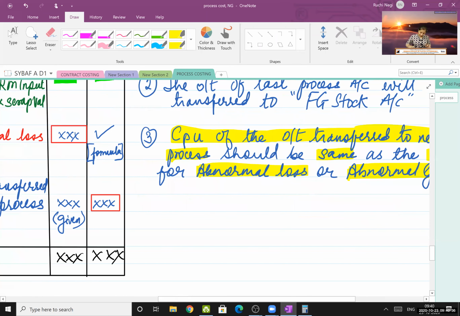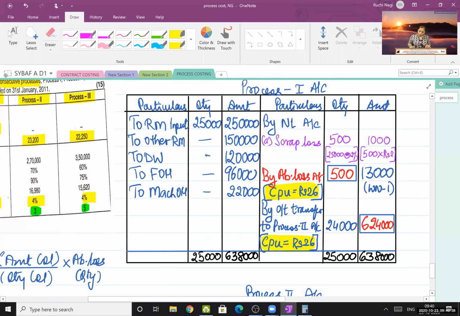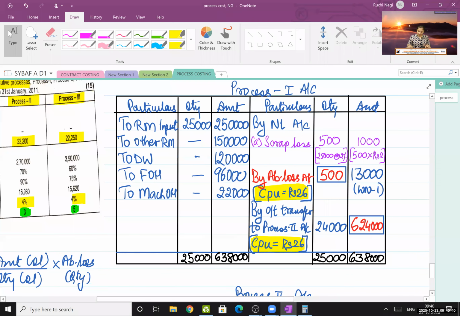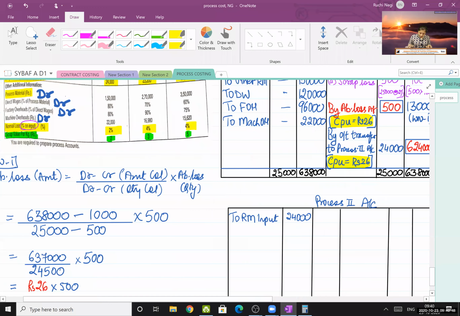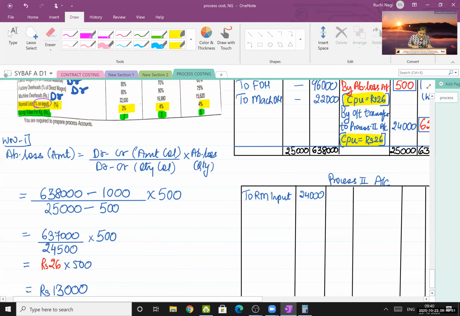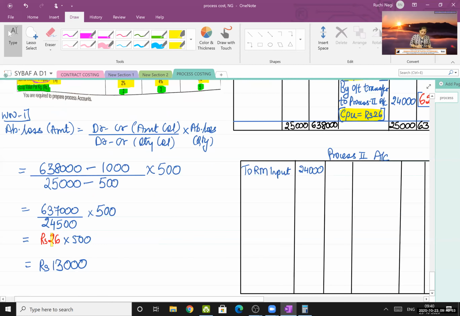And yes, I have it that way only. See, my abnormal loss CPU is how much? 26. My output transfer to next process CPU is how much? 26. Understood? Note number 3 now. Note number 3 is clear to everyone.